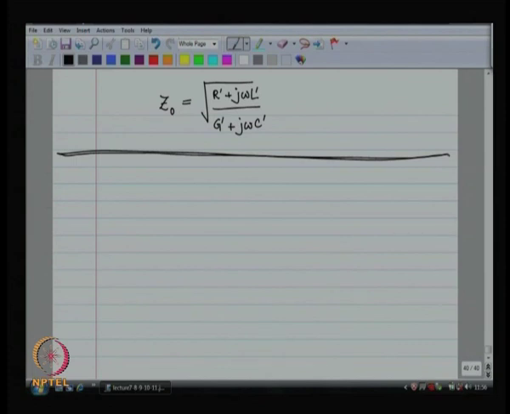What did we say? We said that I have a wire, this is a transmission line of characteristic impedance Z naught. Now, you see what is Z naught? Z naught is not a resistance. Okay. This is called the characteristic impedance.